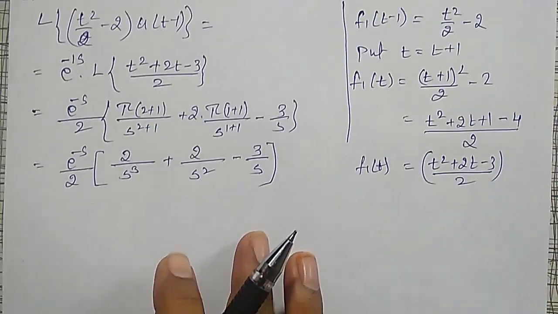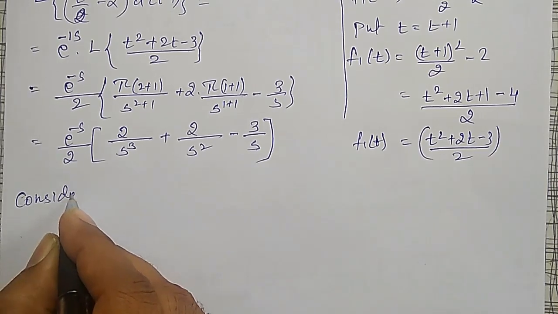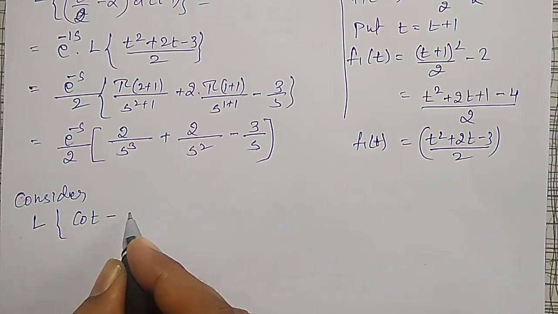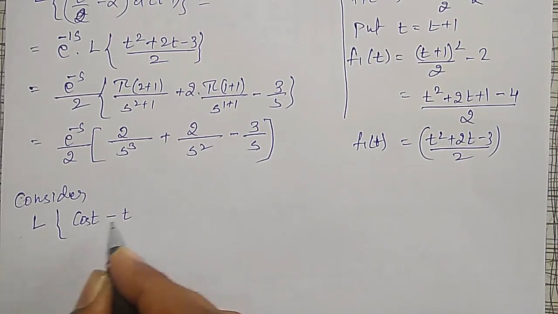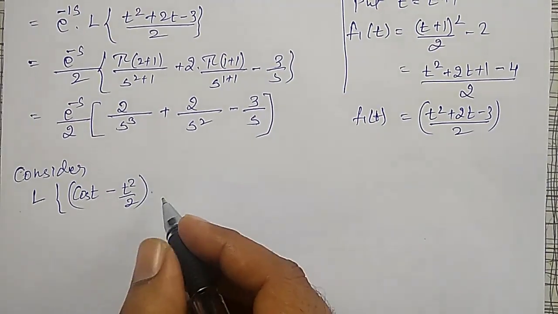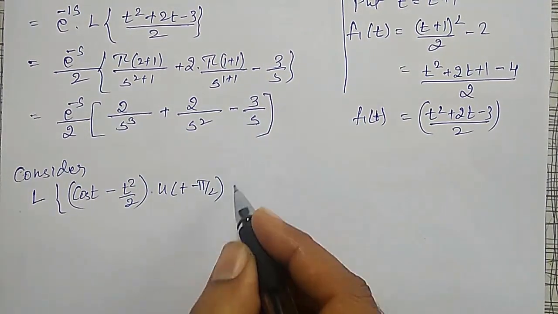Consider now the Laplace transform of (cos t minus t square divided by 2) into u of t minus pi by 2.